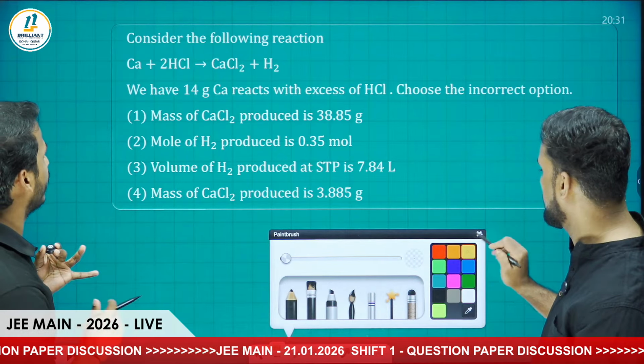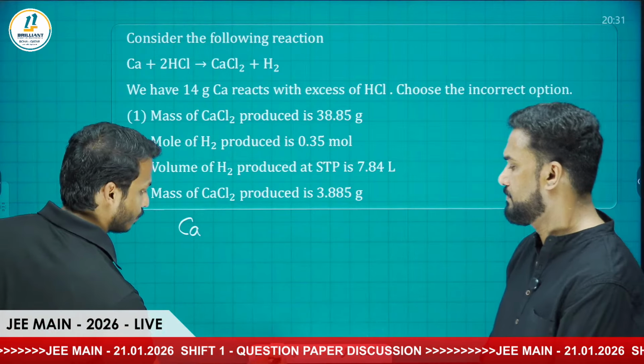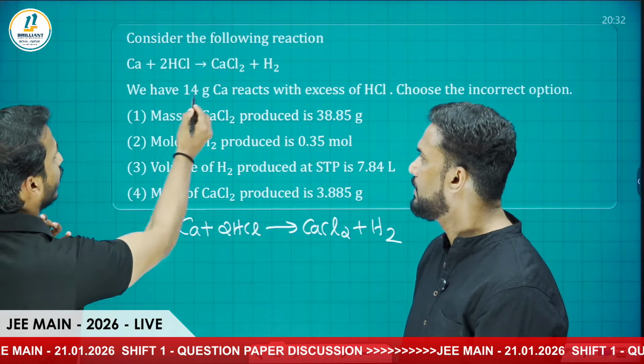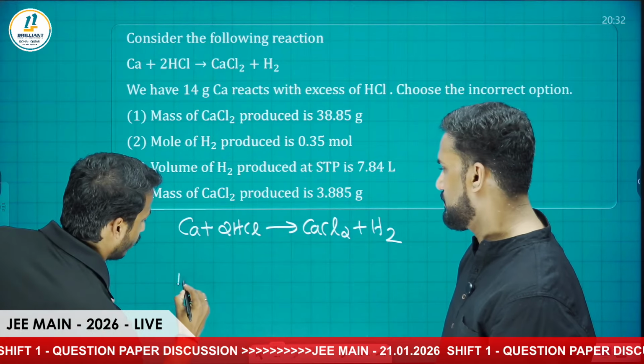Consider the following reaction: Ca plus 2HCl gives CaCl2 plus H2. Consider the reaction in which we have taken 14 gram of calcium with excess HCl.